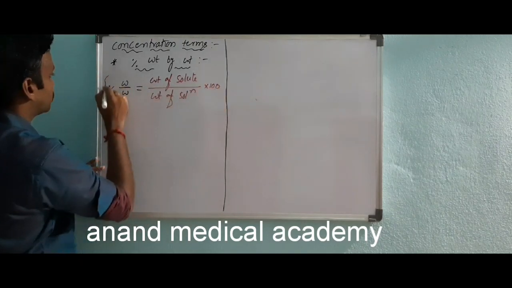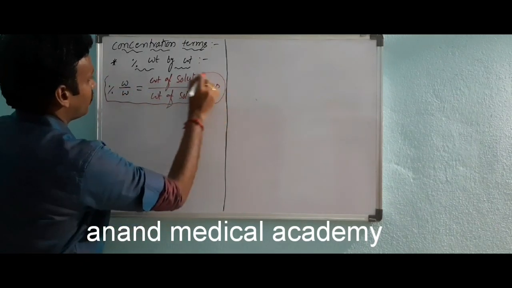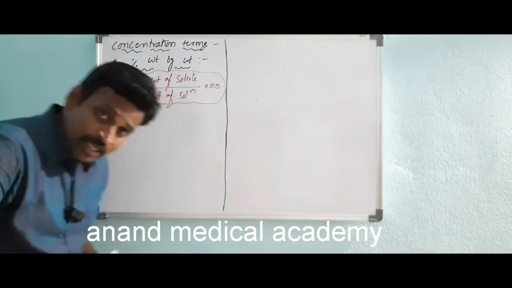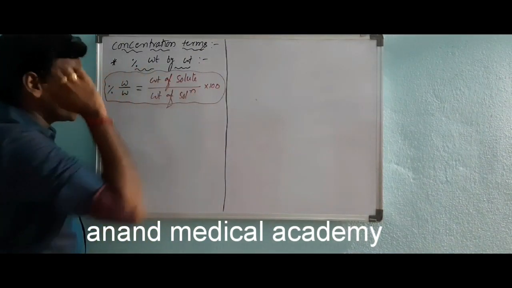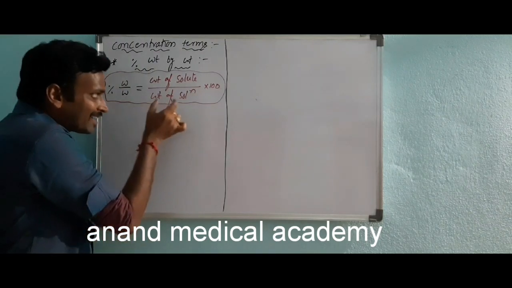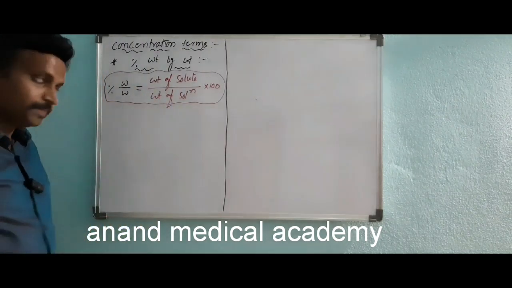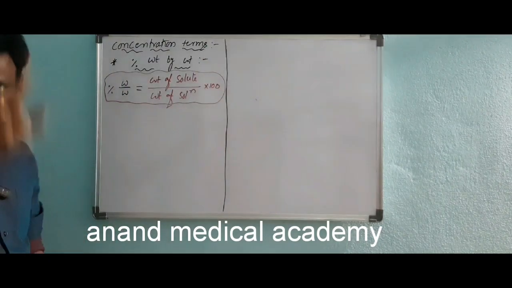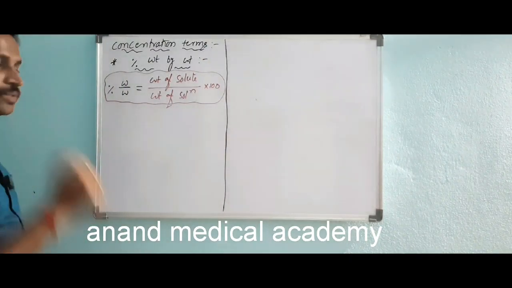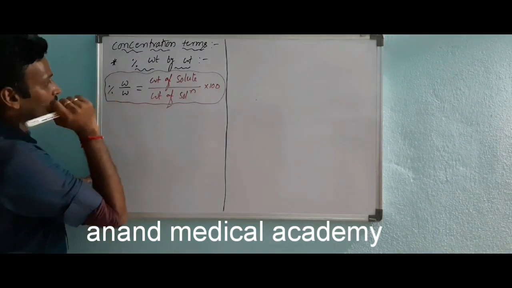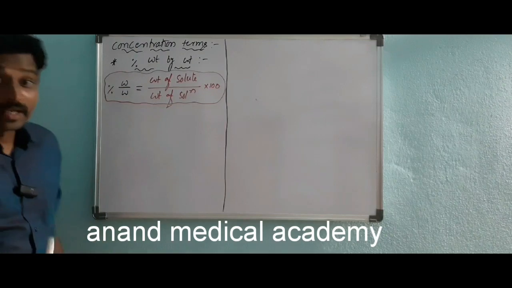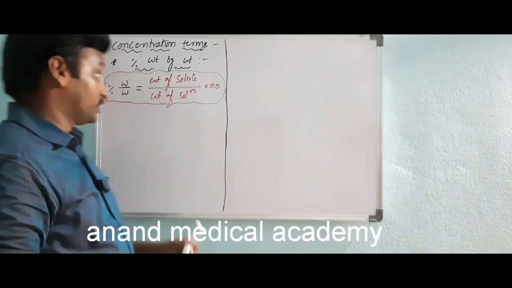The amount of solute present in 100 grams of given solution is called percentage weight by weight. Percentage means into 100. Percentage weight by weight is equal to weight of solute by weight of solution into 100.